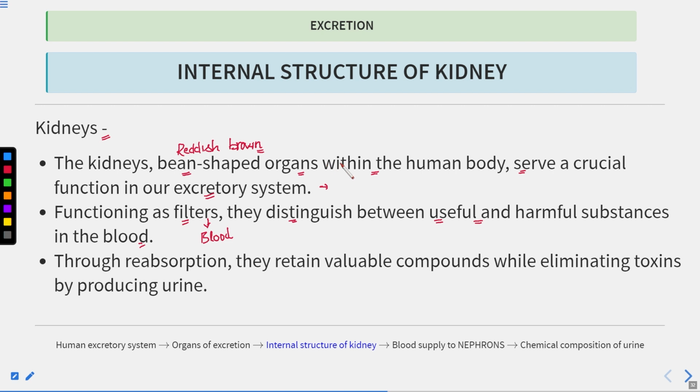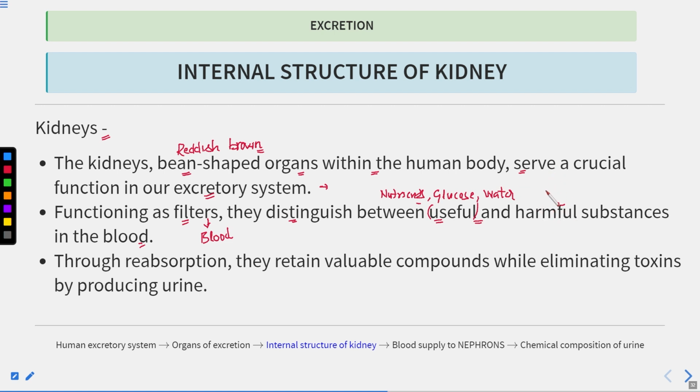Blood may contain useful substances such as glucose, water, and some nutrients. So blood carries all these things: nutrients, glucose, water, as well as some harmful substances.